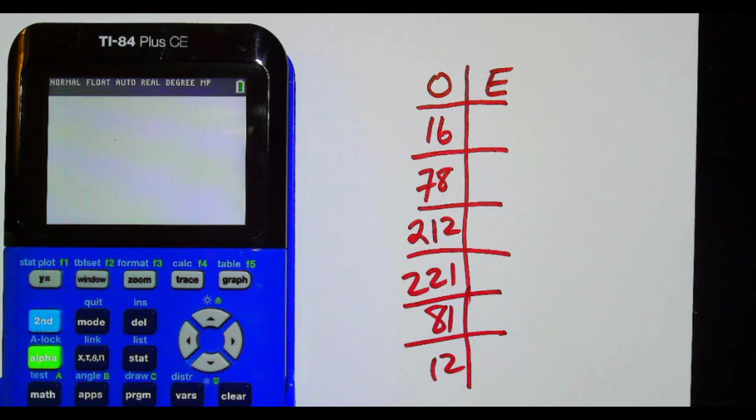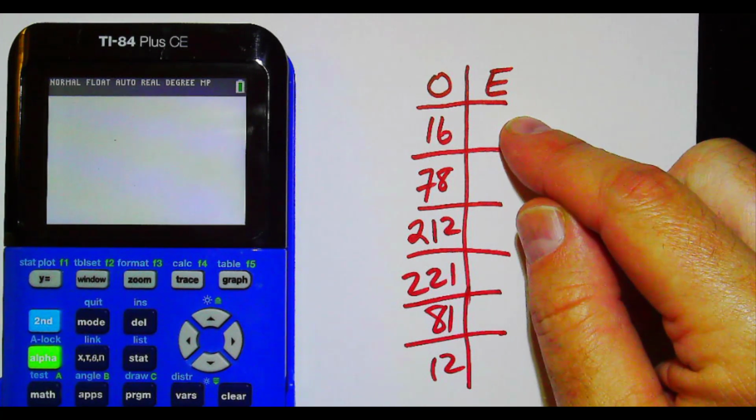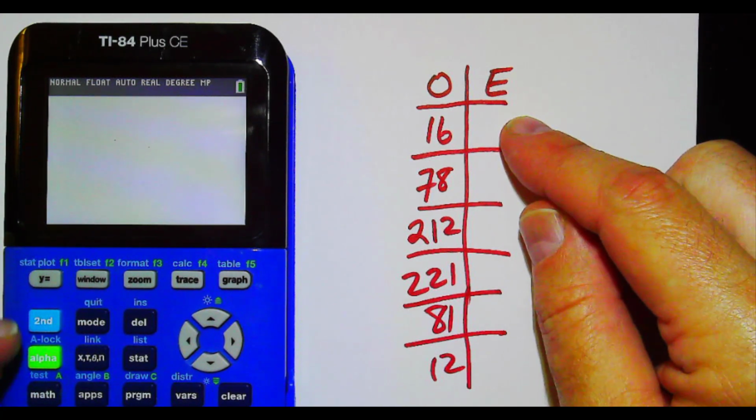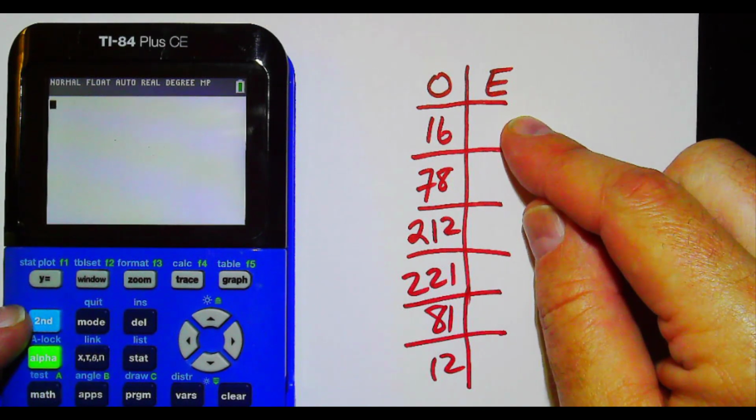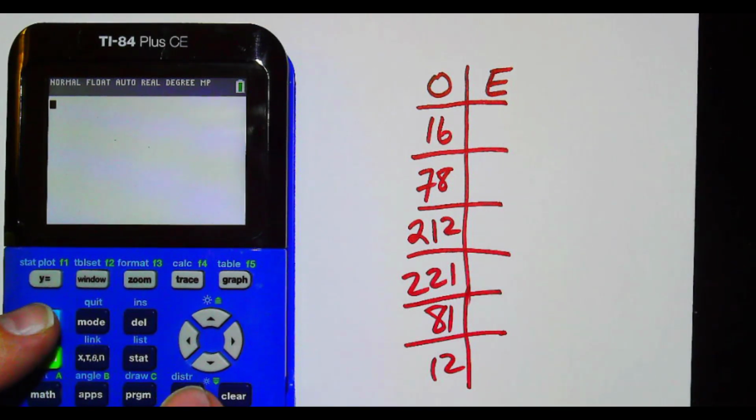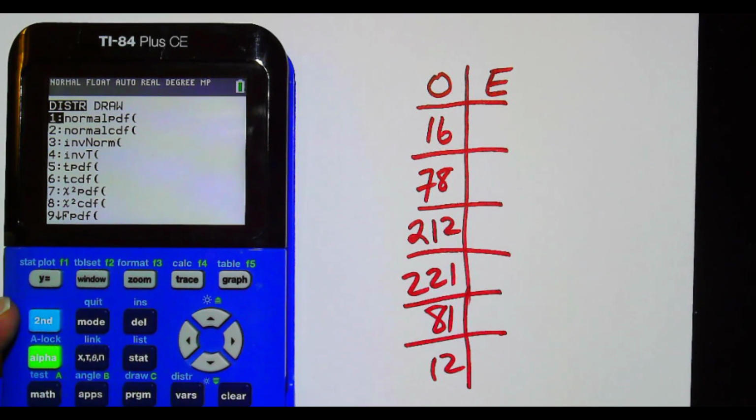We can find the necessary areas by finding these areas under the normal curve. From 3 standard deviations less to 2 standard deviations less, what is the area times the 620 days? We'll look at the second distribution, and go down to the normal CDF.